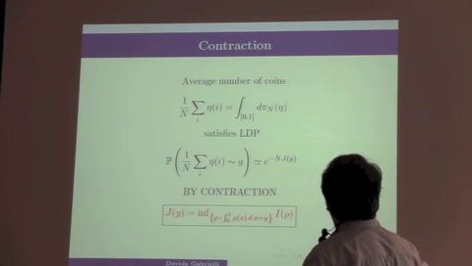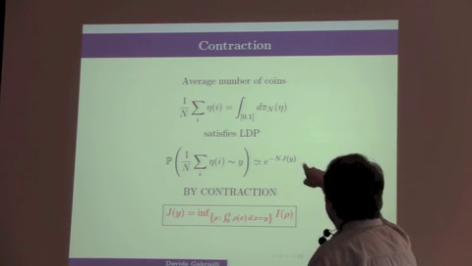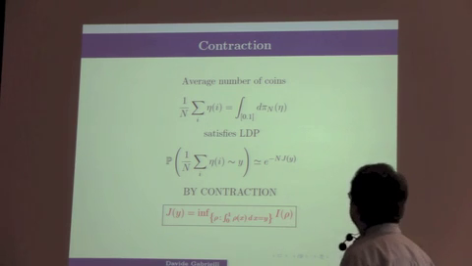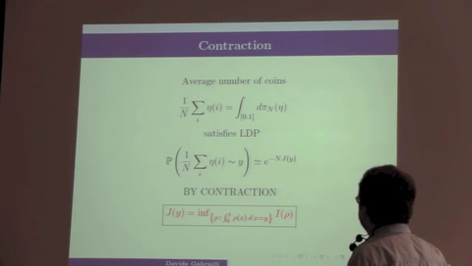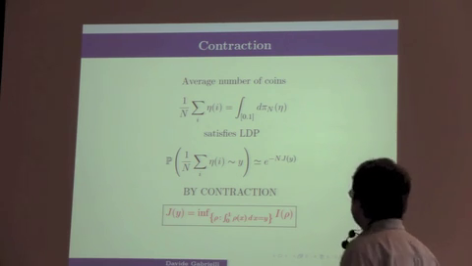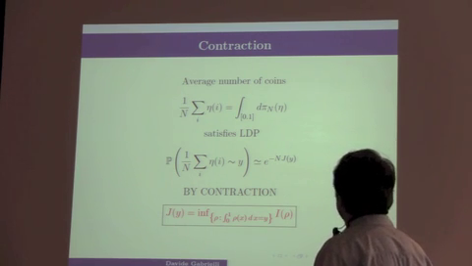On the left hand side there is the average number of 1s, and this corresponds, with my definition of empirical measure, to the total mass of my empirical measure.